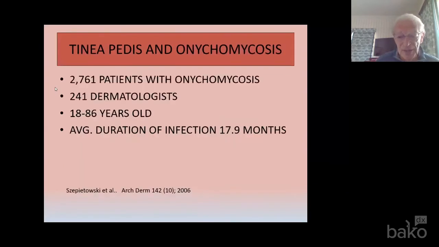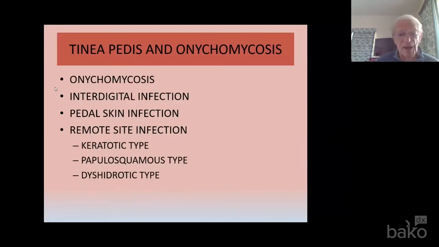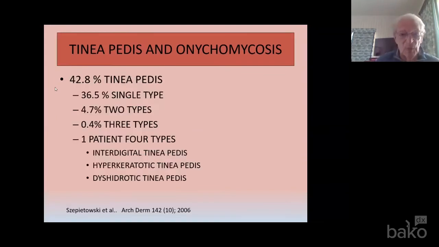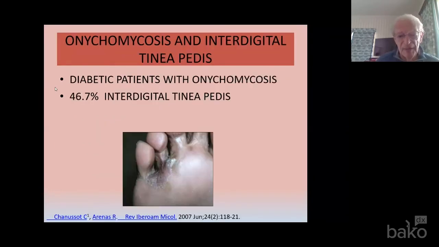Looking at distribution of these problems, again, some patients just have onychomycosis, some patients have just web space infections, some patients have a generalized plantar tinea pedis, and then many patients have a combination of one or more types that can be found in the individual patient. So diabetic patients very, very frequently are troubled by this problem.